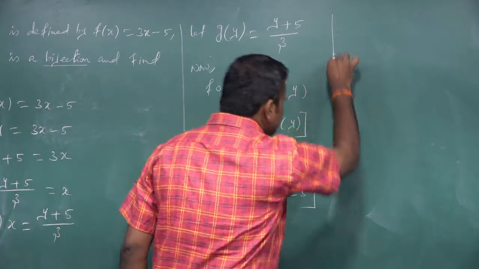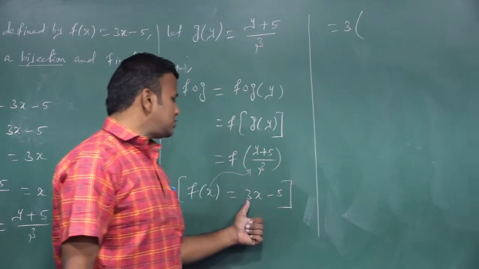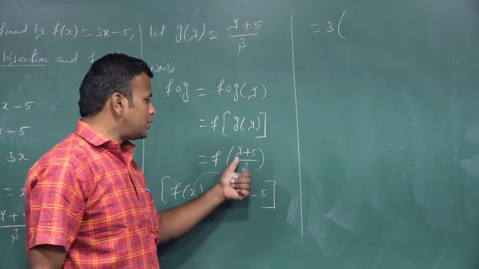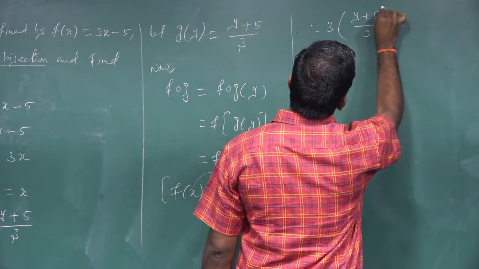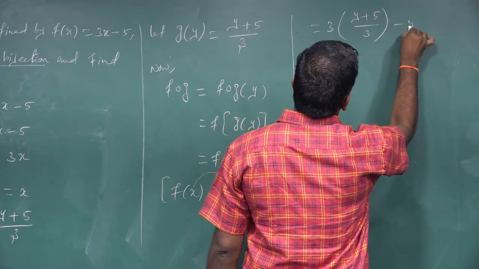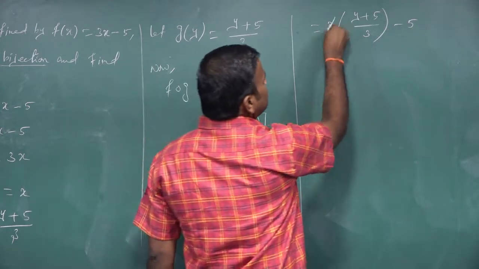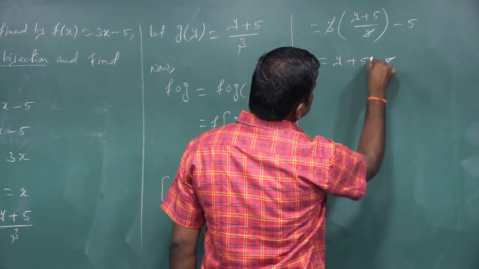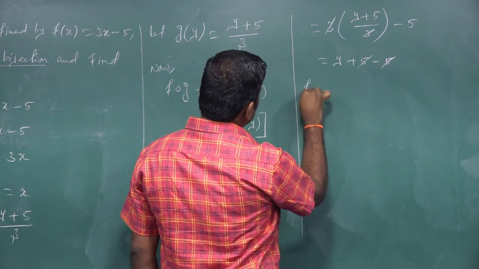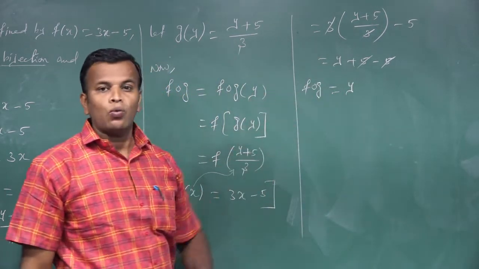So we write it is 3 times the bracket variable (y plus 5) by 3, and also minus 5. So it is the value of f of x. We cancel this 3, leaving y plus 5 minus 5. So f dot g, we see, is just the variable y.